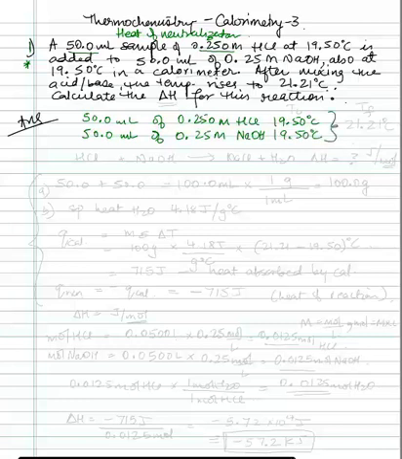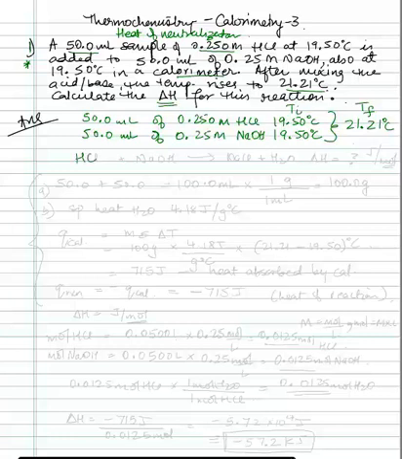So when they are added in a calorimeter, the temperature rises to 21.21 degrees Celsius. So that's T final, this is T initial for the reaction. And we're supposed to calculate the delta H for this reaction.